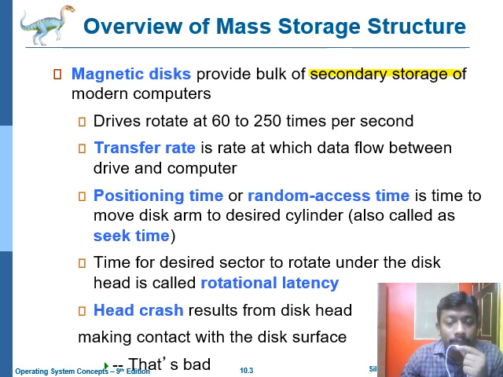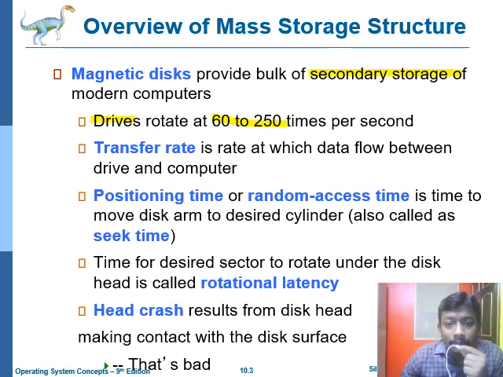The laptops and desktops we have been working on consist of hard disks, which provide a bulk of secondary storage. The drives present in these modern computers rotate at a speed of 60 to 250 times per second. This is the average rotational speed of a traditional hard disk.